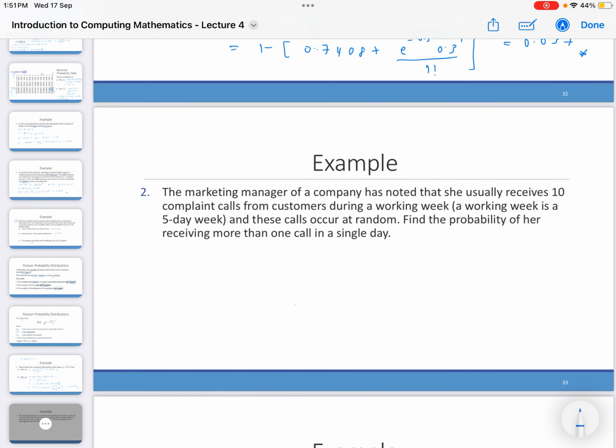Okay, let's look at another example. The marketing manager of a company has noted that she usually receives 10 complaint calls from customers during a working week. A working week is a 5-day week, so she receives 10 calls in 5 days.